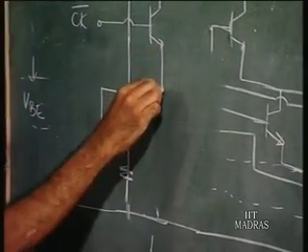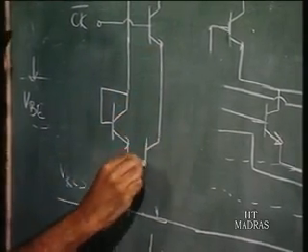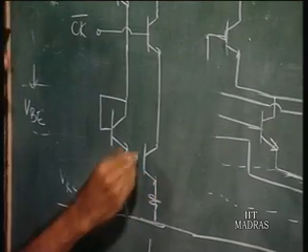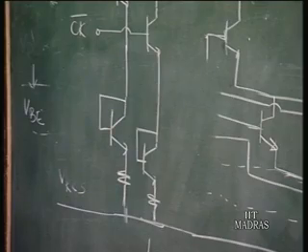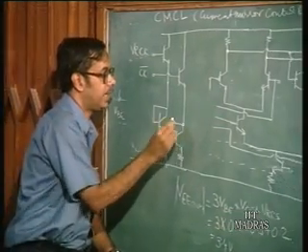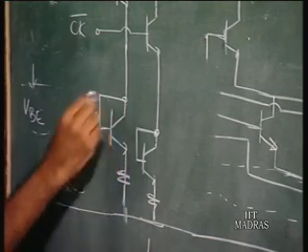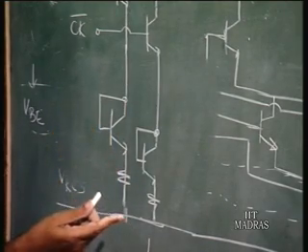I suppose you are aware of what a current mirror is. Basically you have a circuit here which controls the current flowing in some other circuit.